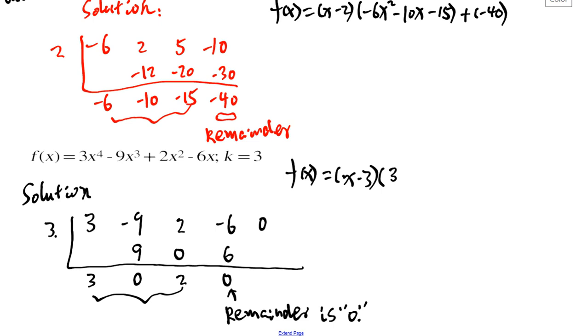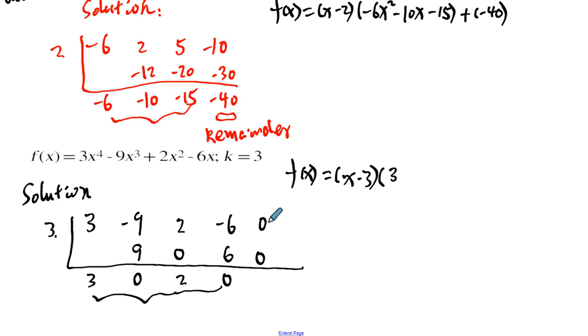Here I need to do one more step. Here, 0 times 3 is 0.